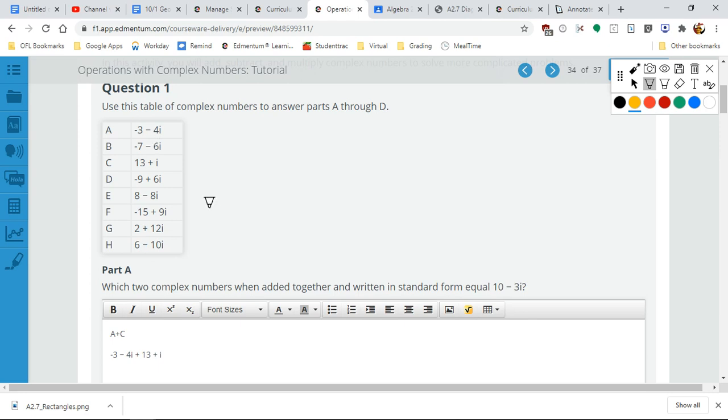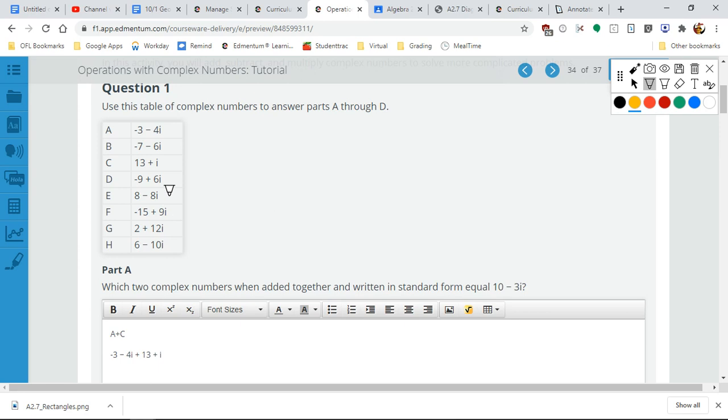So let's see what I can do here. If I subtract, that'll make this a positive. So 17, that won't work. -15. Oh, -7 minus 8 makes -15. -6 minus 8, that'll be 2.